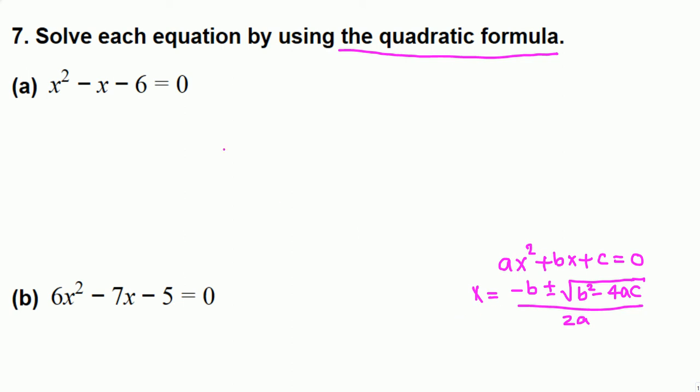For this particular question, we have 1x squared minus 1x minus 6. If we compare this equation with the standard equation, a is 1, b is negative 1, we need to consider the negative sign as well, and c is negative 6.